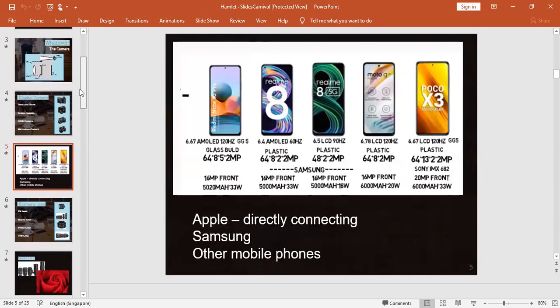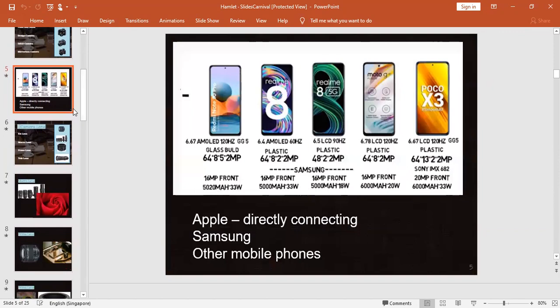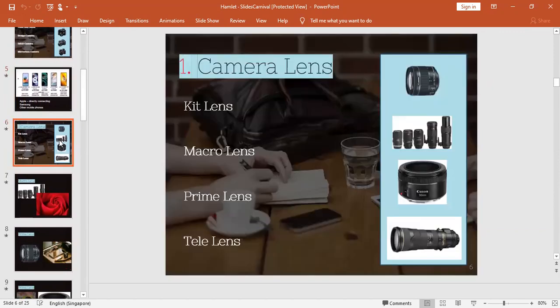Whatever mobile you have, if you have any doubts, you can ask. And then camera lenses, the pictures which we can take through a camera lens. So please, guys, if you have any doubts related to digital and chemical images, types of cameras, lenses, or mobile phone cameras, please ask before I explain the next topic.